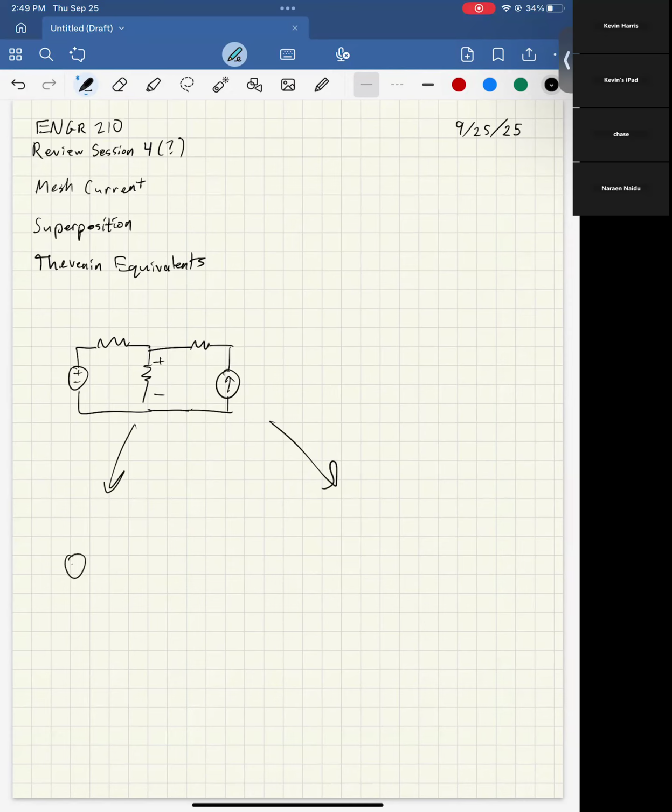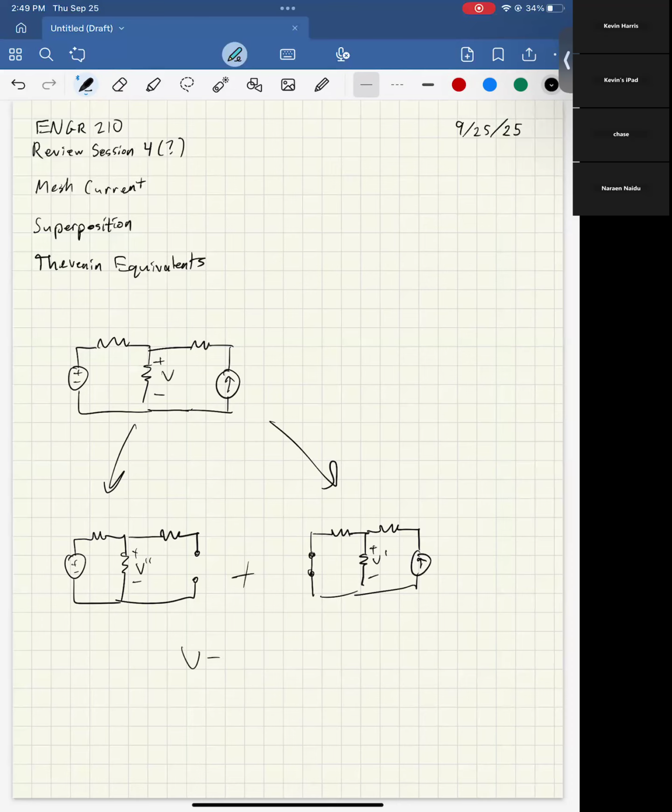One where you have the voltage source and no current source, and one where you have the current source but no voltage source. And if you find your V prime and V prime prime, as it's been called in class or on your homework, and then you add them together, then you'll find that the original V you were looking for is going to equal V prime plus V prime prime.